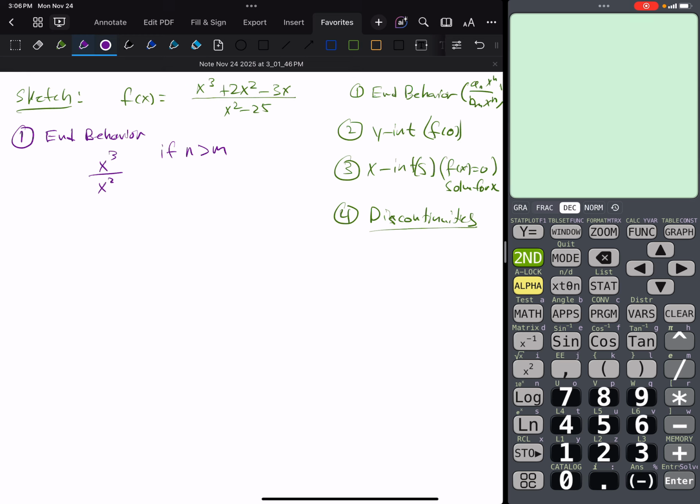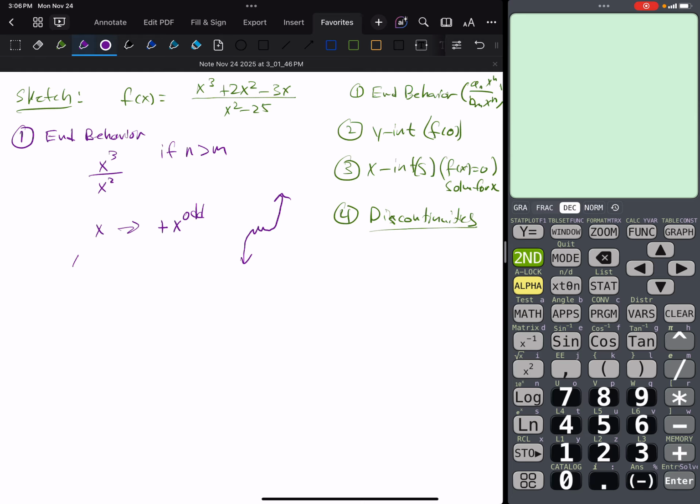So what we do is we simplify this. And when we simplify that, it would be x to the 3 minus 2. So it's going to be x. And if I want to interpret this, it's a positive x to the odd. And that means that it has the shape of an x cubed function as far as the end behaviors go.